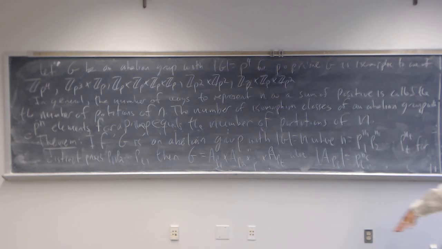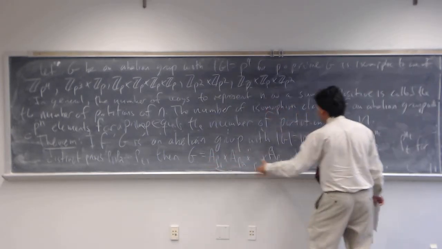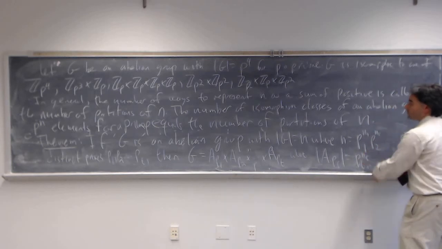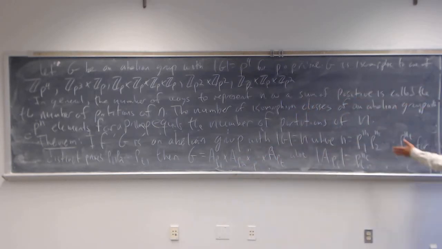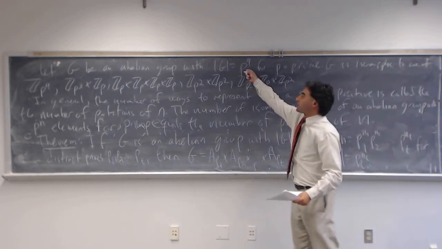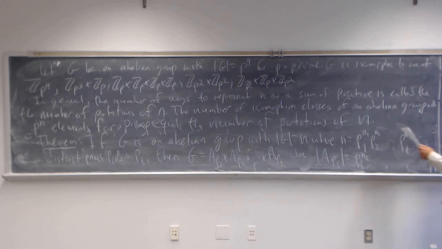That could be broken down into 2 groups. One group would have 5 to the third elements. One group would have 7 elements. And then we can further break those down. So we'll look at this as an example right now.